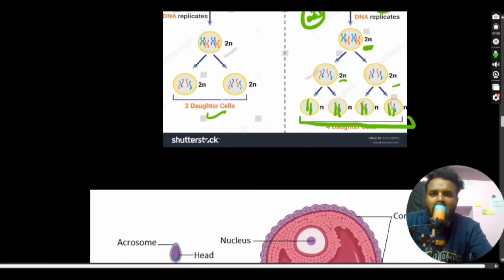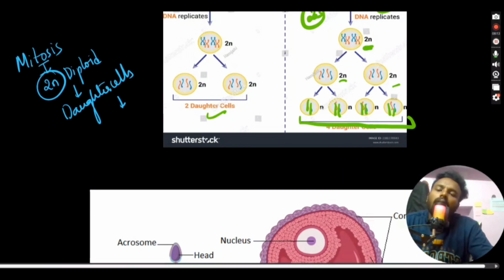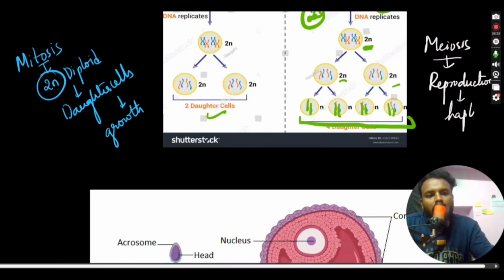So if you are not understanding, just remember mitosis: 2N in everything, so diploid cells. The daughter cells will also be diploid. This is for growth, right? When it comes to meiosis, this type is for reproduction, and haploid cells will be formed.